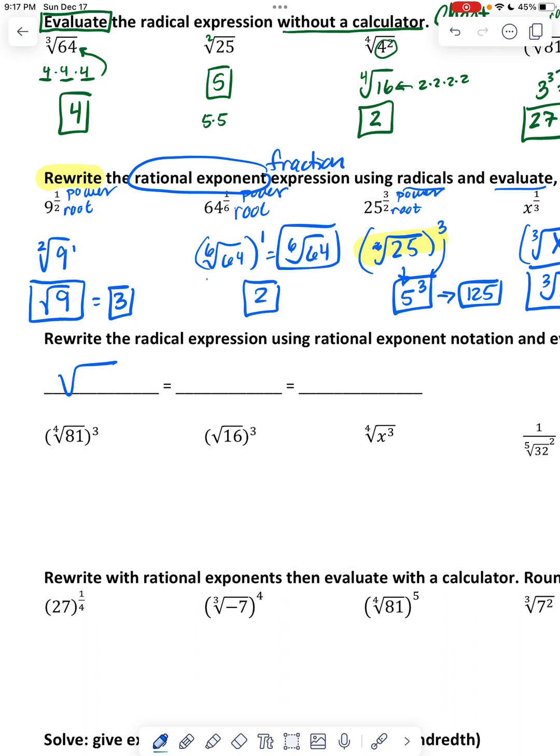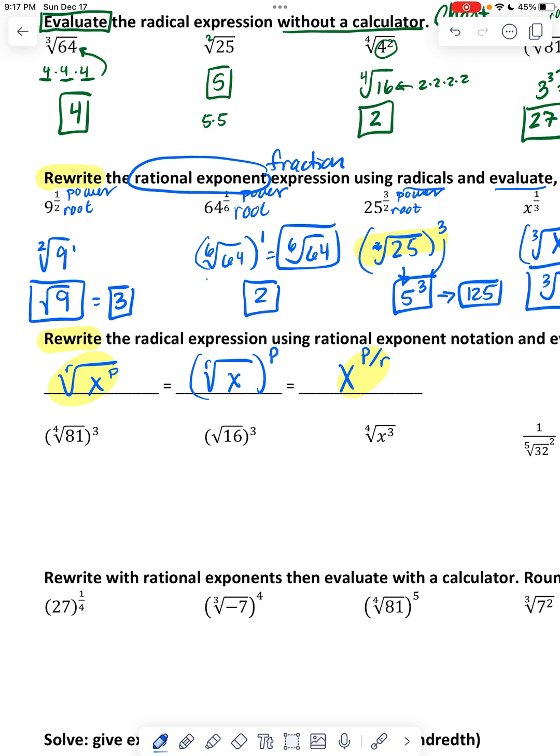Like now, if I have my base, whatever it is, raised to a power with an index for a root, that is the same as if I have that root index and then the powers on the outside, which will be power on top, root on the bottom. So basically above, we started with this part at the end, and now we're just starting at the opposite end. We're just practicing going back and forth. So we're still going to rewrite, but go the other direction.